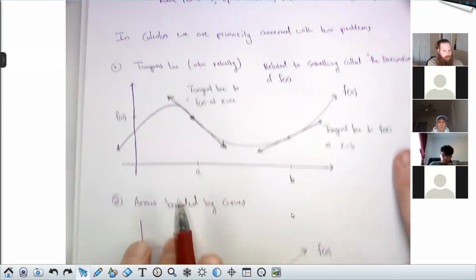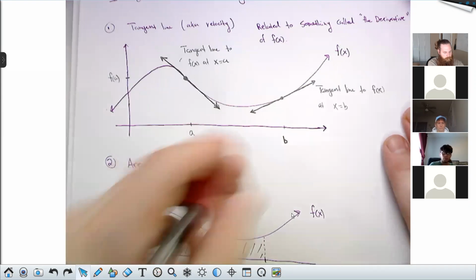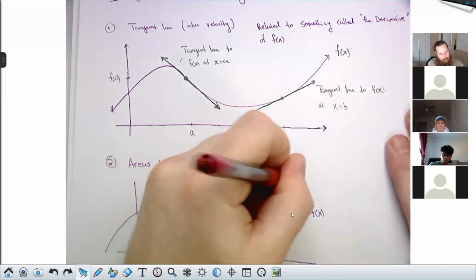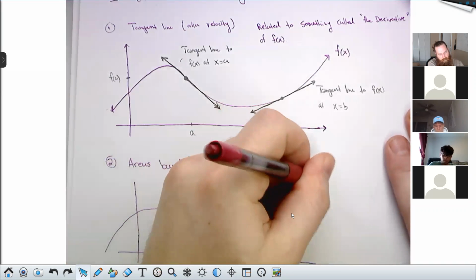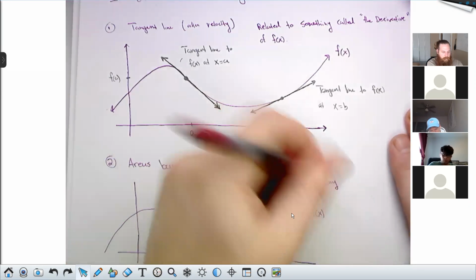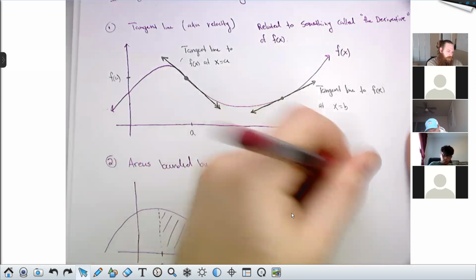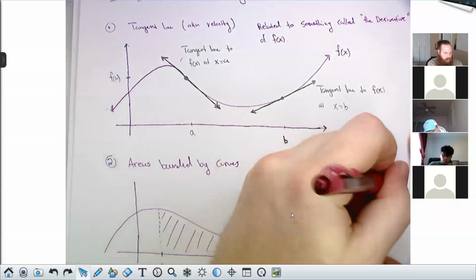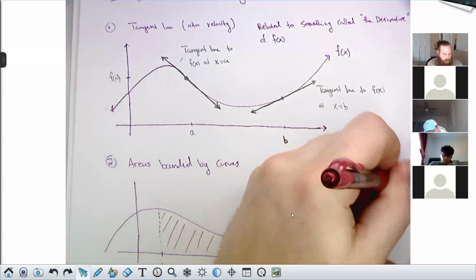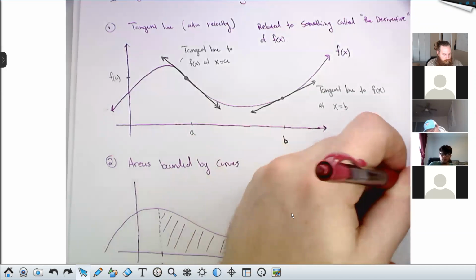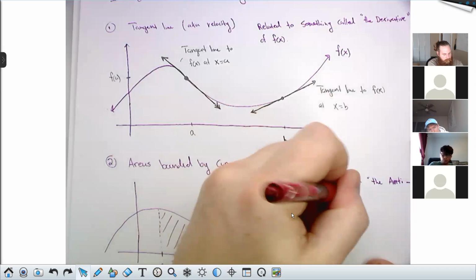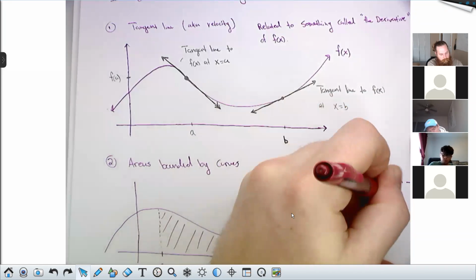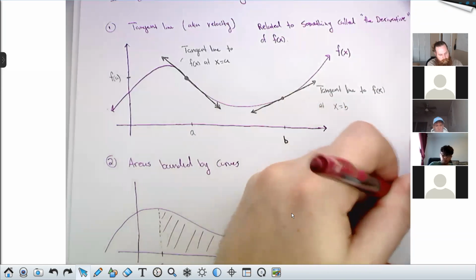And areas, this thing down here, is related to something called the antiderivative of f of x.